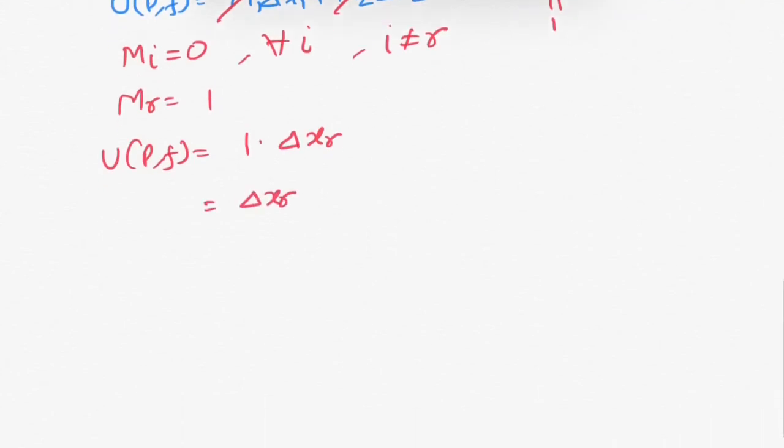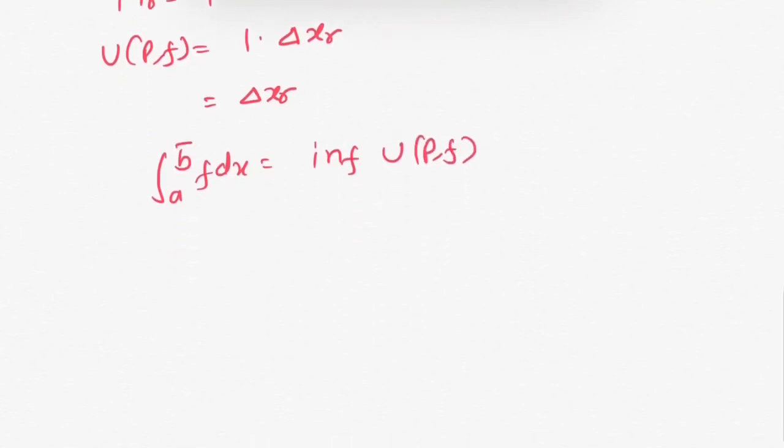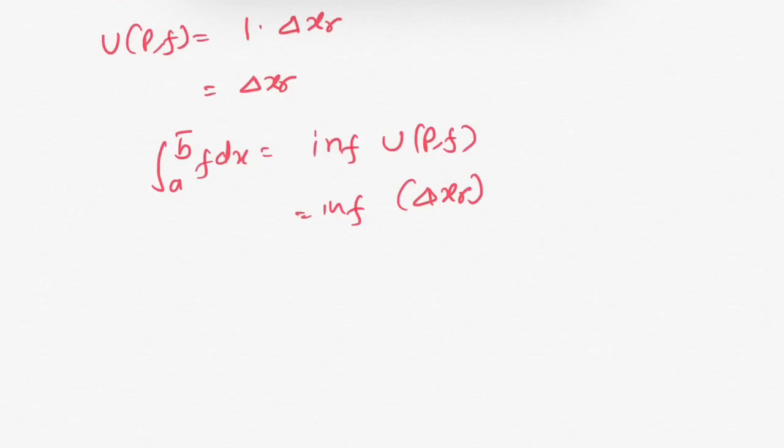Now we know that the upper Riemann integral is the infimum of U(P,f), and here U(P,f) is delta x_r. That means we have to find the minimum value of the length of the rth subinterval. We know that the choice of partition is up to us, so we can make this length as small as possible.